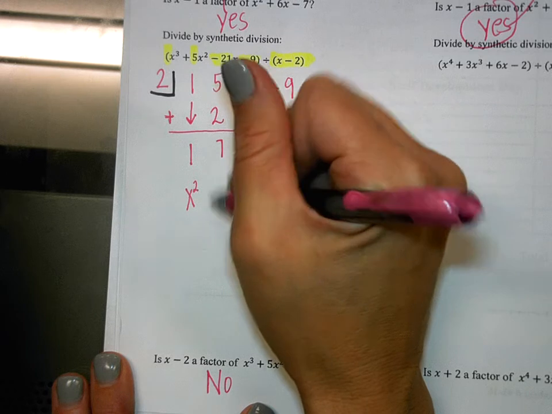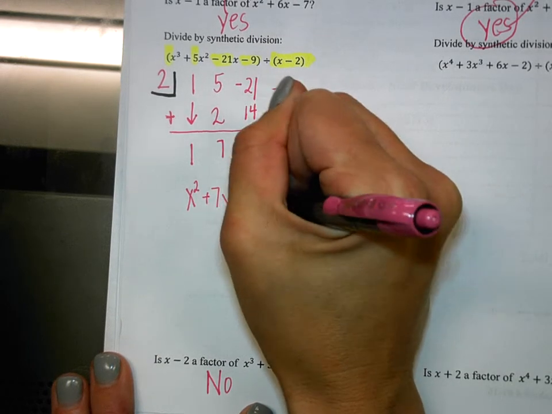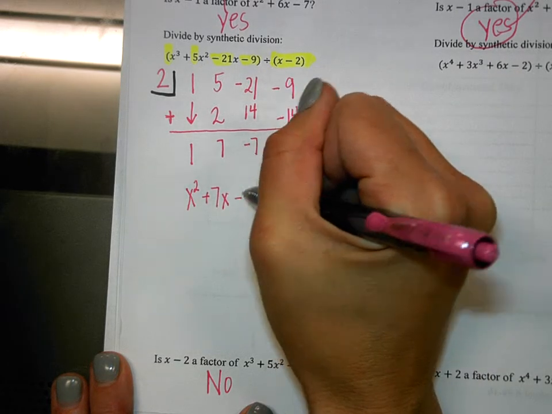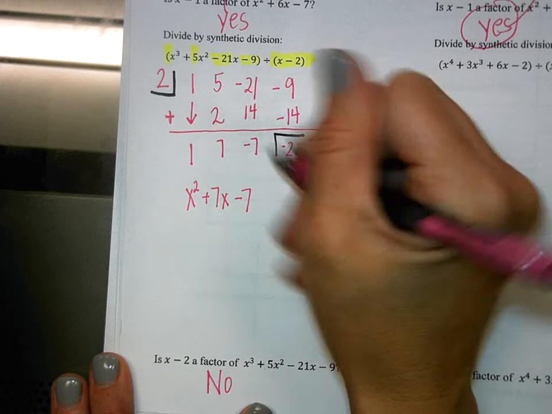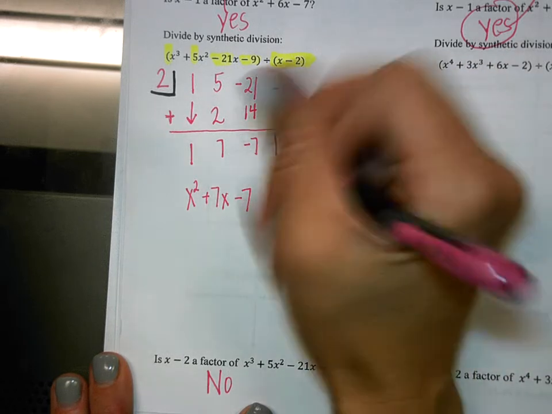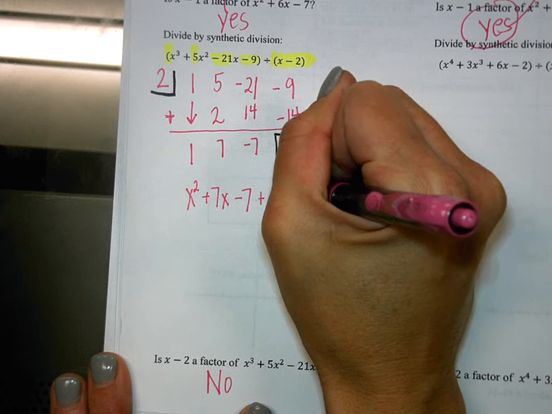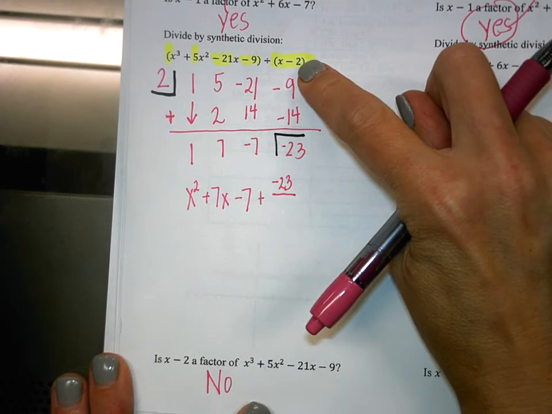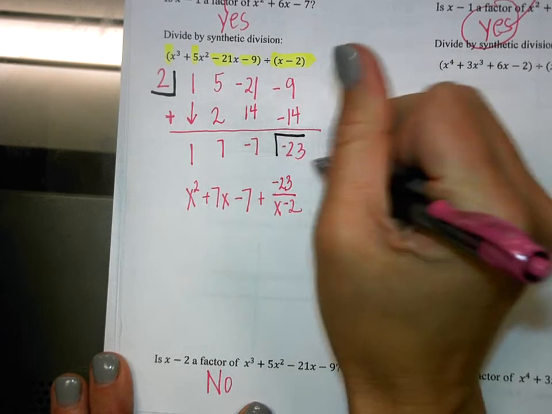And then it's going to be 7x, and then it's going to be minus 7. Now, because I have a remainder, how do I write that? Plus negative 23 over, and I was dividing by x minus 2. And this is my answer.